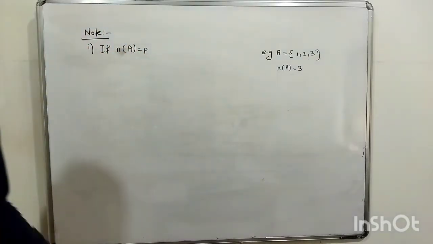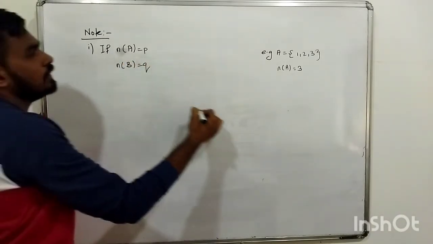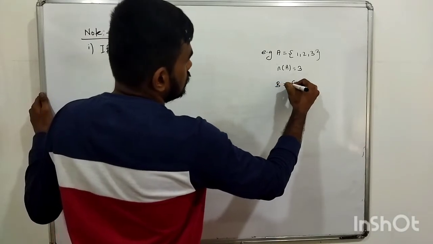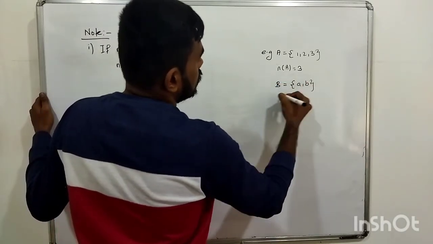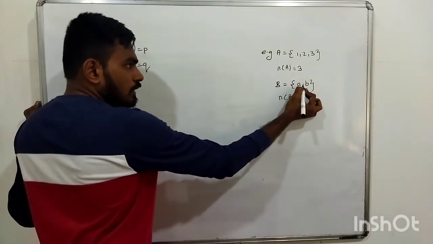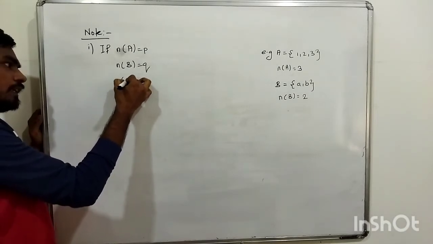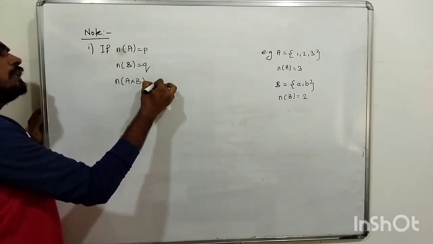Similarly, another set B has q elements. For example, B has a comma b. So n of B will be what? Just count these 2 elements: it is 2. Then the number of elements of A cross B should be p into q.